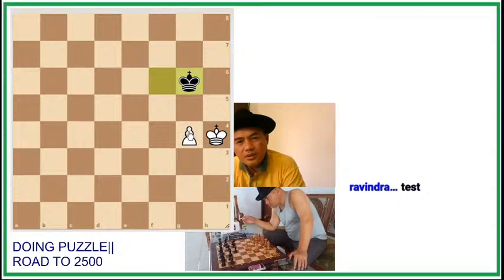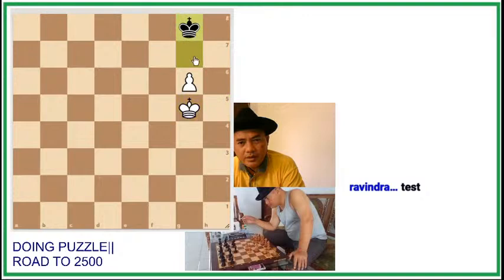Yes, this is a draw, because after this maybe black can move his king and get the opposition, and get the opposition again, and this is a stalemate.